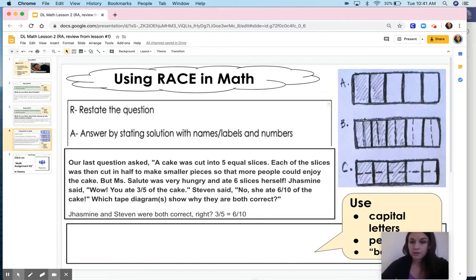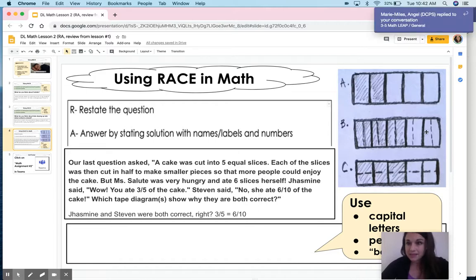You see, 1/5, 2/5, 3/5, 4/5, 5/5. I ate 3 of those. 1, 2, 3. But then with the dotted lines, I made this into tenths.